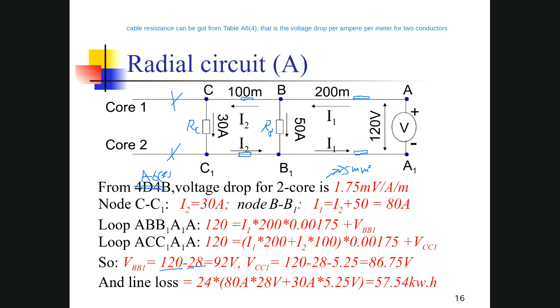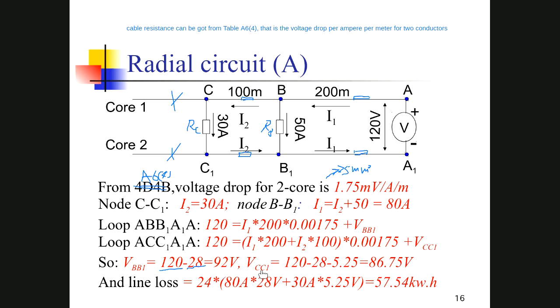So at the end, load B has a voltage of 92 volts, much lower than 120 volts. This is the case in practice. The voltage drop across the cable is a bigger problem in practice. That's why we choose a suitable size of cables so that the voltage drops do not become so big.